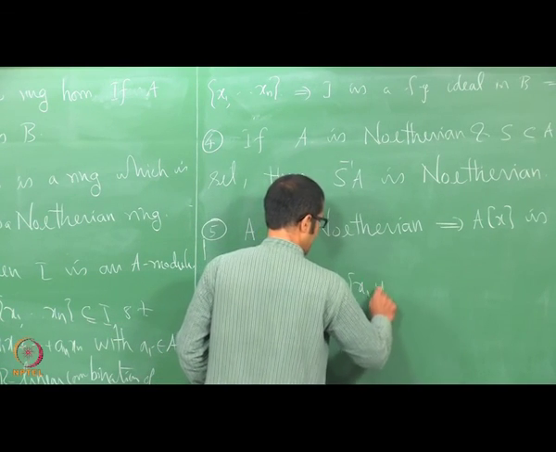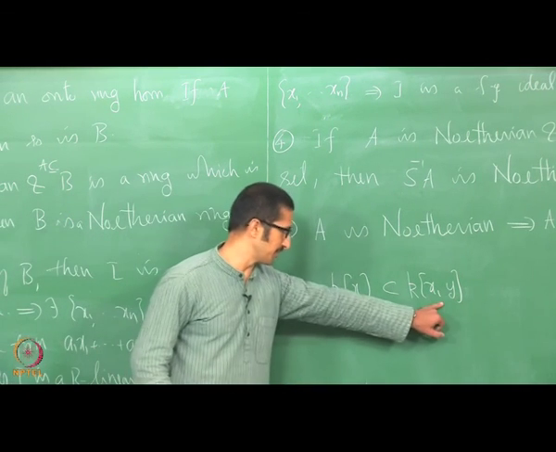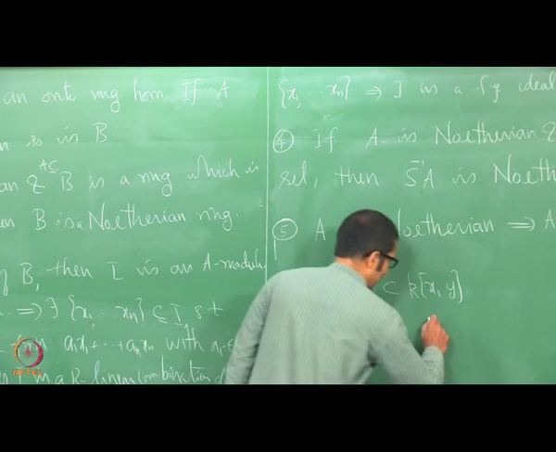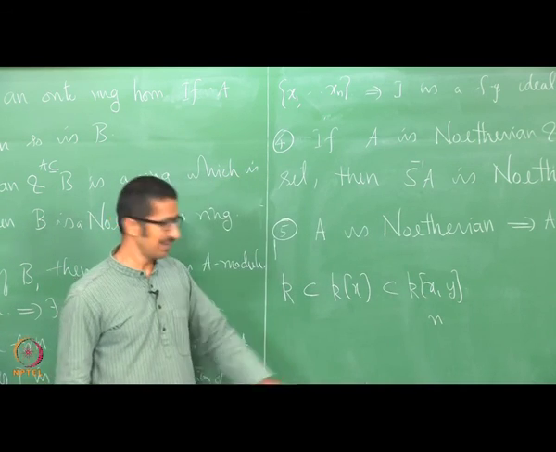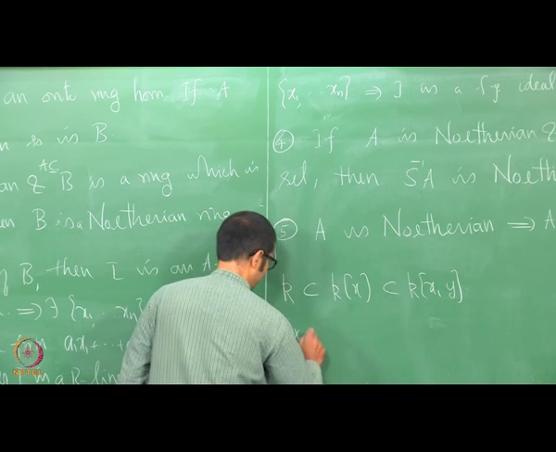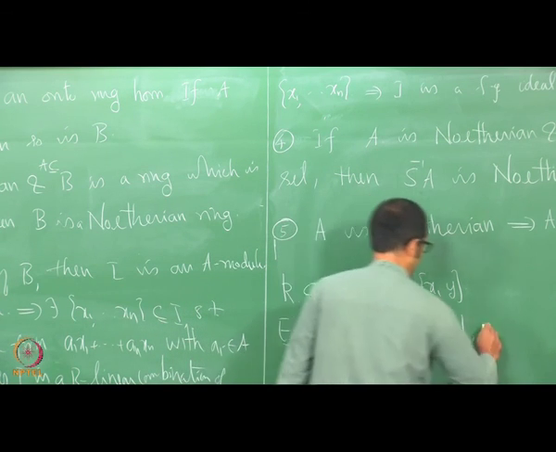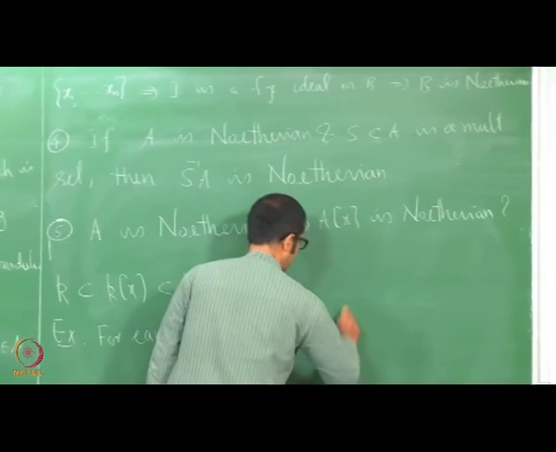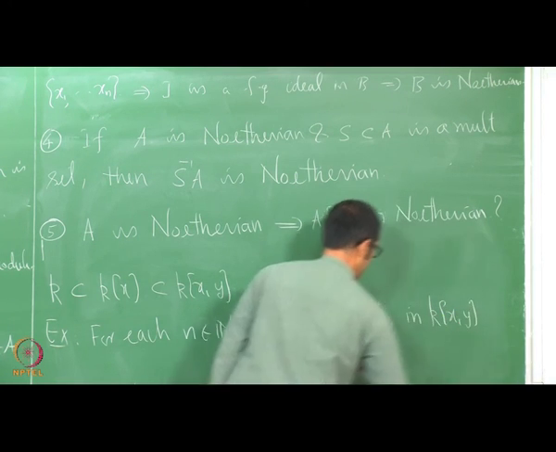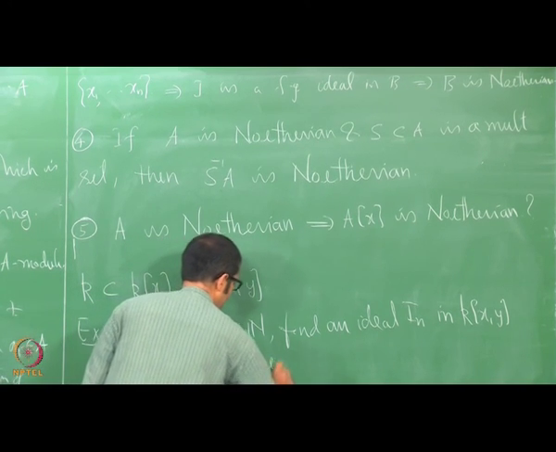What if I put K[x,y]? Here we do not know anything about this. Can you think of, as an exercise, for each n in N, find an ideal I_n in K[x,y] generated by n elements.